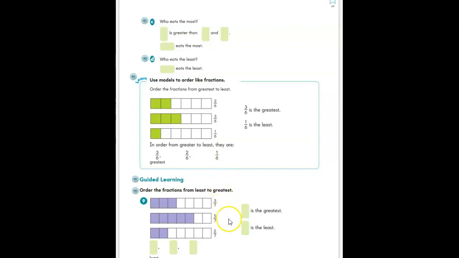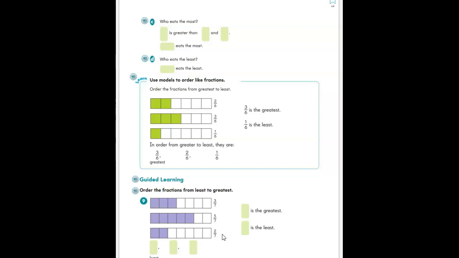If we look down here at number 9, this time we are starting with 7 equal pieces. So our denominator is 7. 1, 2, 3, 4, 5, 6, 7. And each model is split into those 7 equal pieces. We can see from the model that 5/7 is bigger than 3/7, and they're both bigger than 2/7. We can also figure that out without the model.